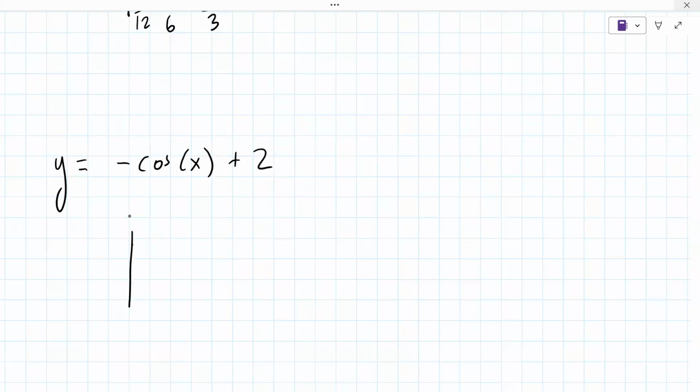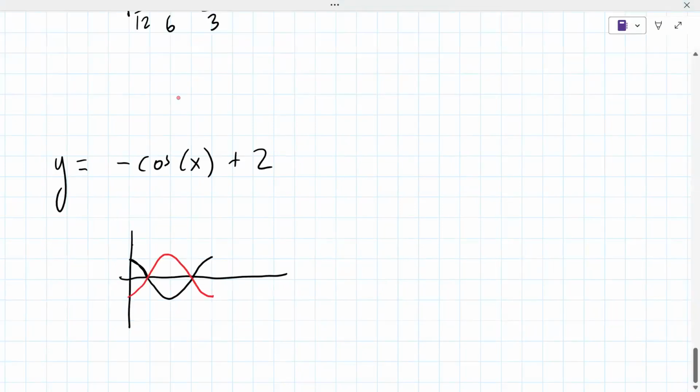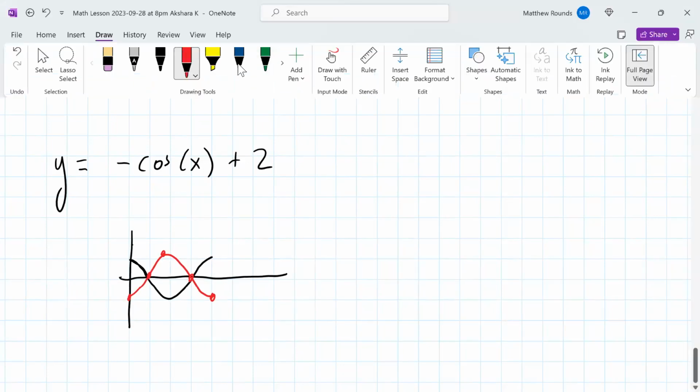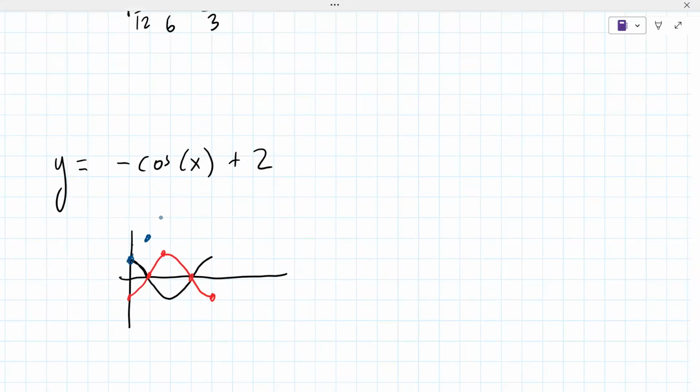Okay. So I would always tell you to graph the parent function, even in a simple example like this, so you've got the basis of it. The negative flips it, right? So it starts here, and then with the plus 2, every single point in red goes up 2, and I'll switch to a new color for that. But it's got the same shape. What did I miss here? Sorry, there it is. Got the same shape like that.